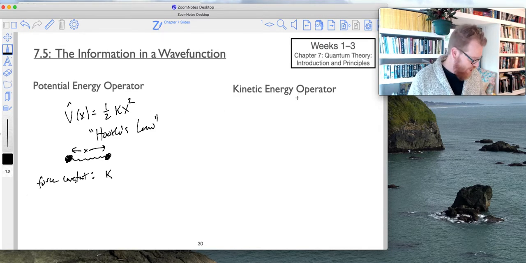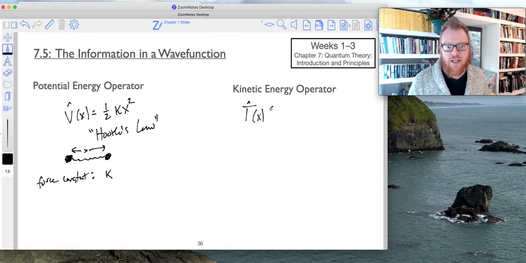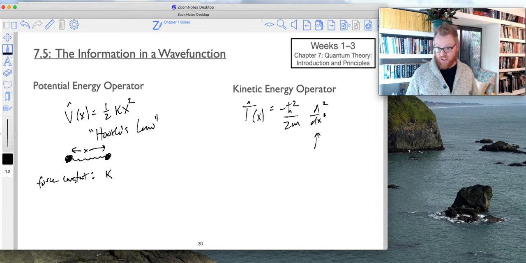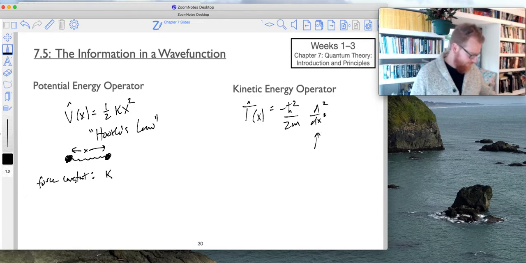What about the kinetic energy operator? Well, recall, I'm going to go back to using this letter T because in some textbooks, the letter T is used for the kinetic energy operator. And recall, that was given as negative h bar squared divided by 2m, and remember, there's this second derivative here, okay?